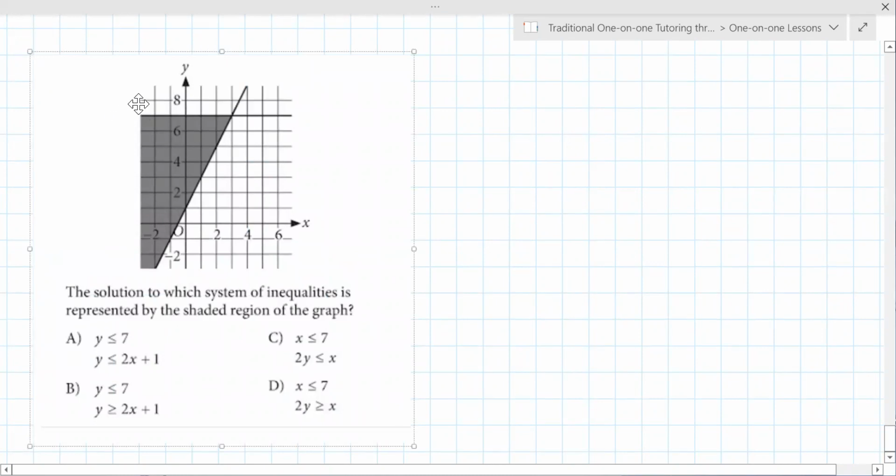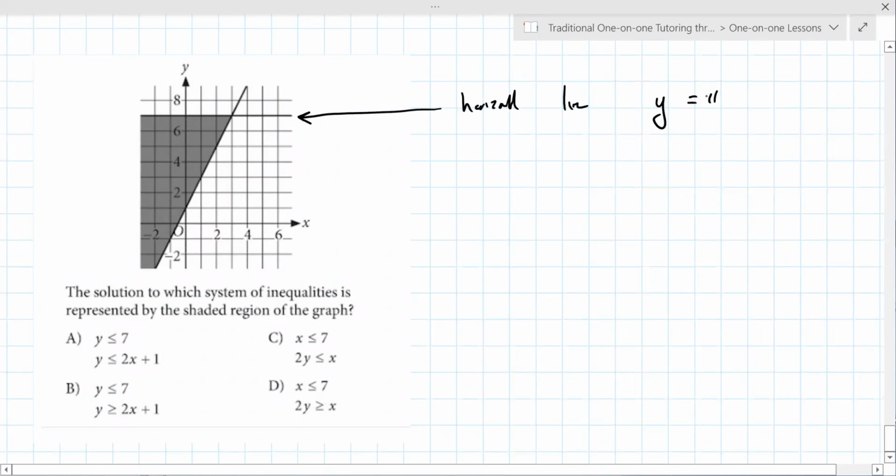So this one's giving you the graph, and they're asking which of these has the right direction of the inequality, because all the equations kind of look the same. There's some variation on it. I would go for the one that's most straightforward here, like this horizontal line. That's y equals a number.